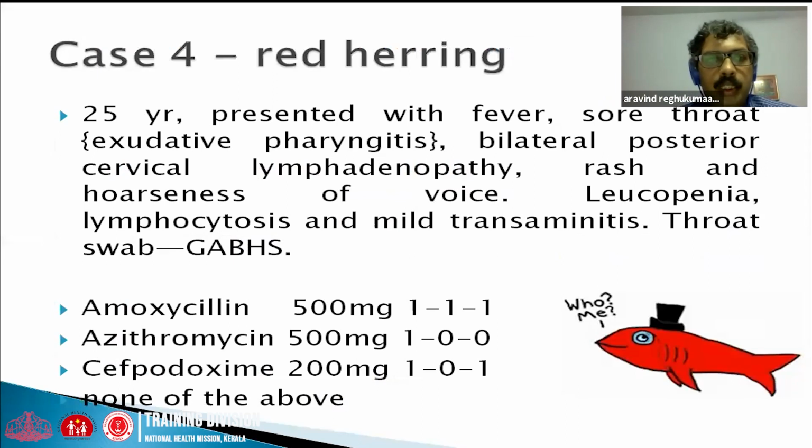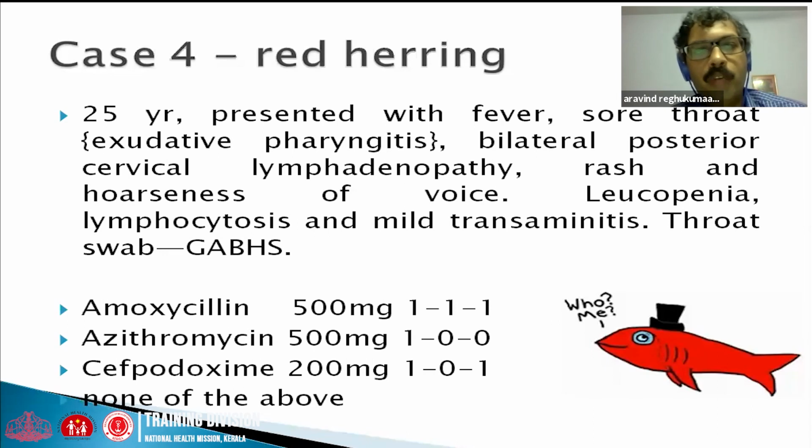The next usual scenario will be a 25-year-old presenting with fever and sore throat. That patient has exudative pharyngitis with bilateral posterior cervical lymph nodes, a rash, and hoarseness of voice. The labs suggest leukopenia, lymphocytosis, and mild transaminitis. These features are suggestive of a viral etiology.